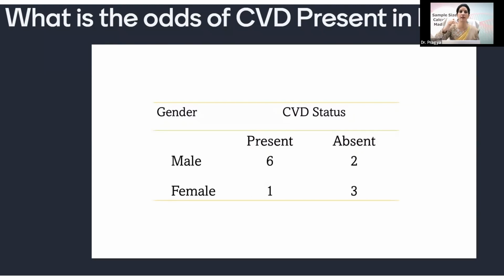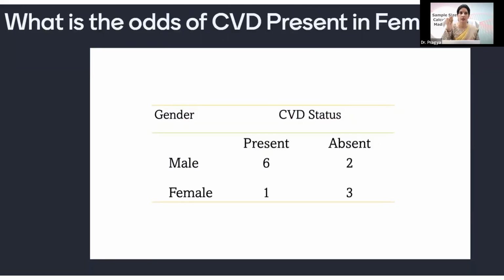So how do we define odds? Odds we define as the presence of that disease, and in the denominator we take the absence of that disease in a particular gender. Like in this case, it is 6 men out of a total of 8. So the odds of the disease in male will be 6/2. Similarly, if the next question is the odds of cardiovascular disease in female, then what will be the odds?